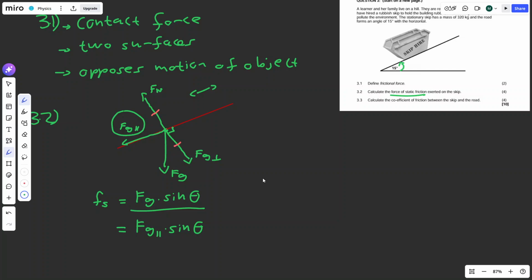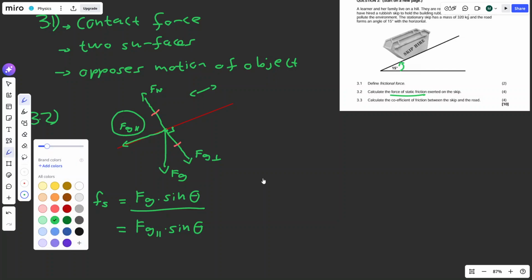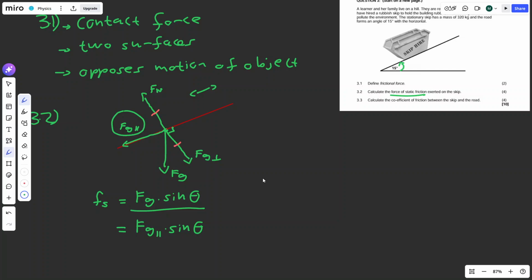So if we refer back to our free body diagram here, I'm going to put that horizontal plane, and I'll represent it with a dotted line for now.